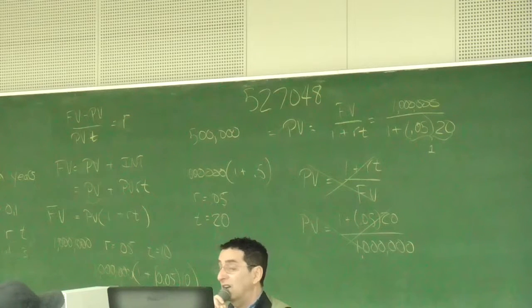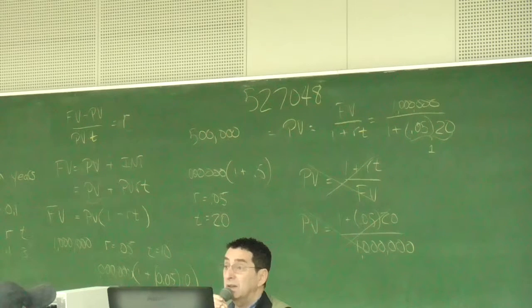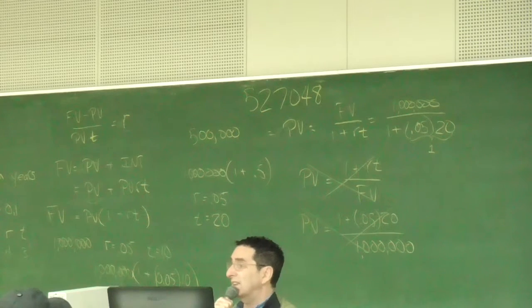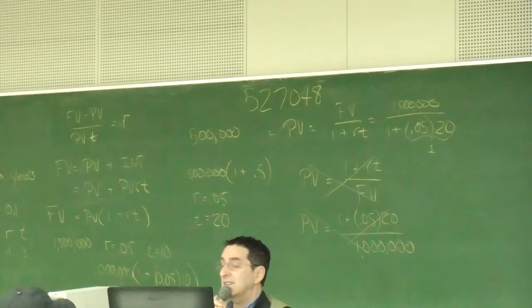Okay? So that's the difference between simple interest and this other situation, which we give a name, that's called compound interest. Compound just means kind of like adding into. So it's like you're adding the interest into the principal. Okay, so that's compound interest.